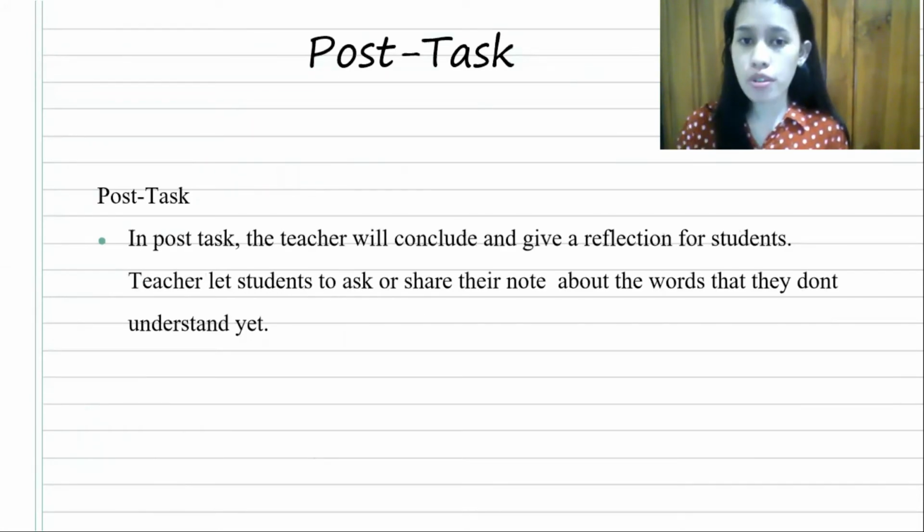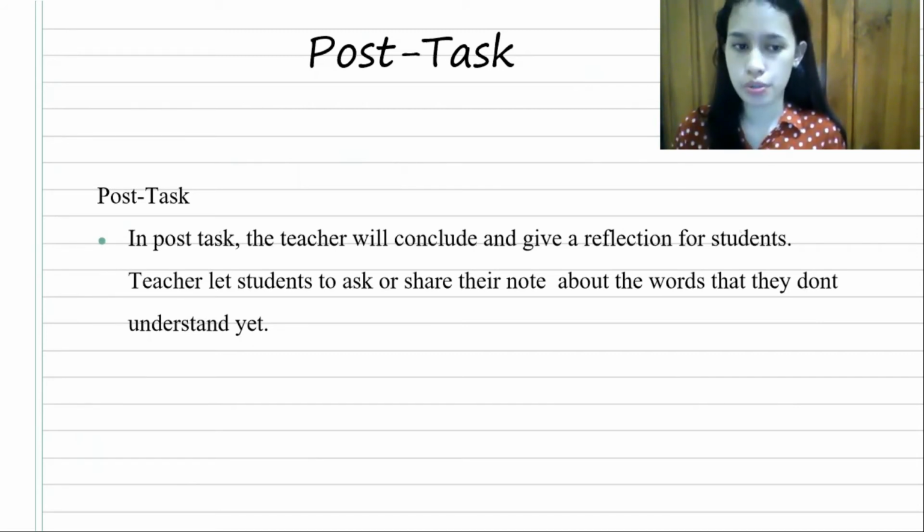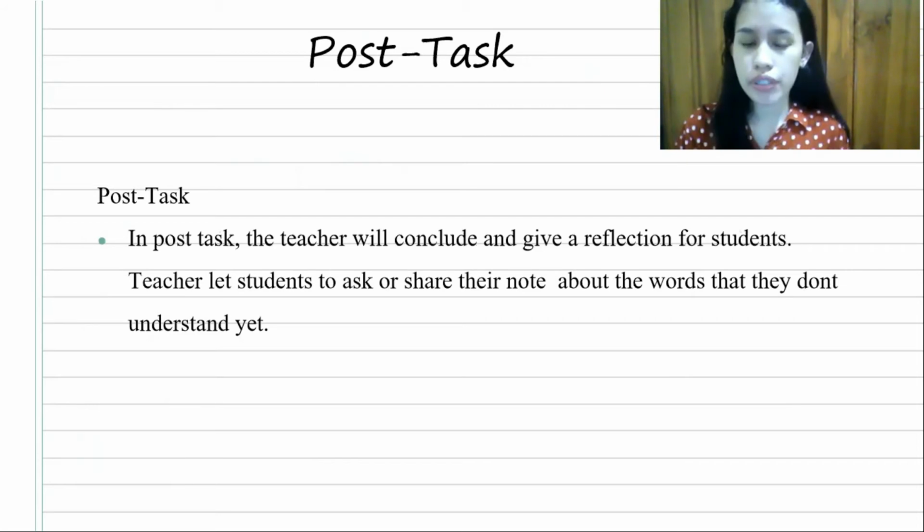And then in the post task, after all of the groups have performed their tasks about the issue given, the teacher will conclude and give a reflection for the students. In this activity, the teacher lets students ask and share their opinion, and share their notes about the words they don't understand yet.